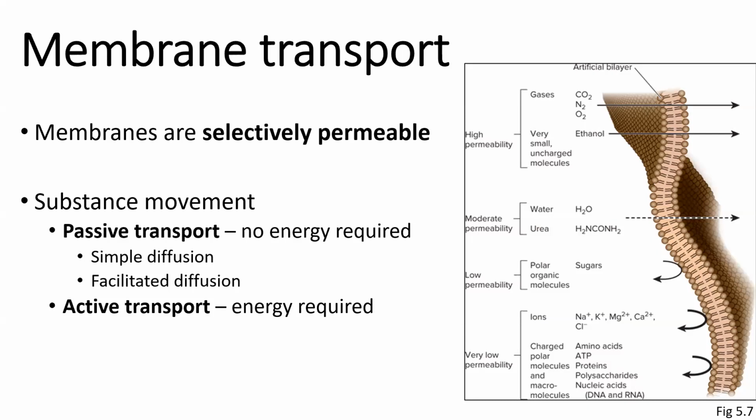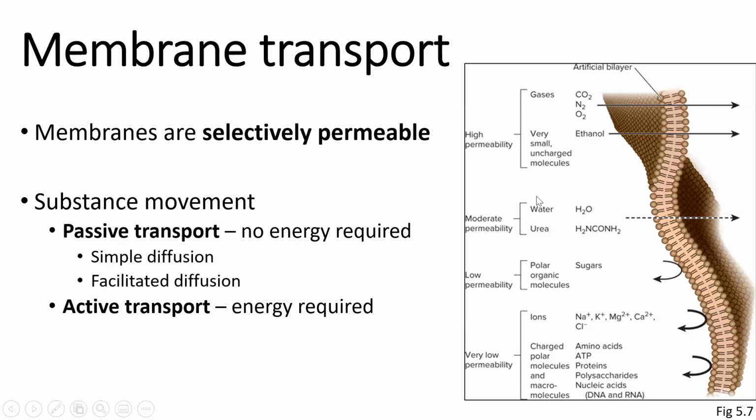Alcohol, ethanol can cross the membrane very easily. It doesn't need the help of any transmembrane proteins. So the substances that have high permeability are very small and uncharged molecules. Basically we call that the gases, and then the other substances. For example, alcohol is a really small molecule and it can cross.